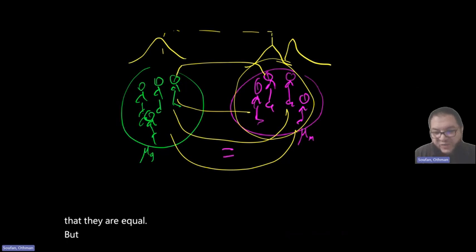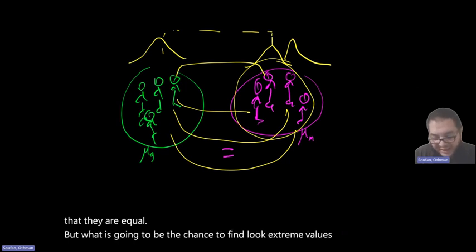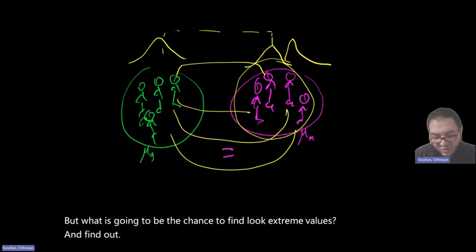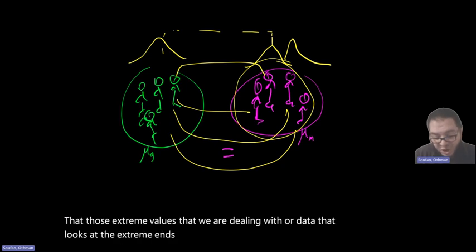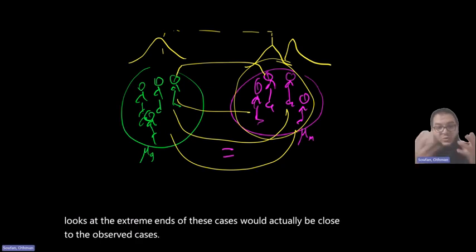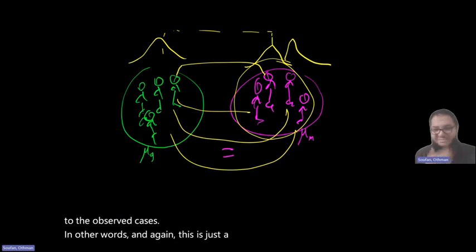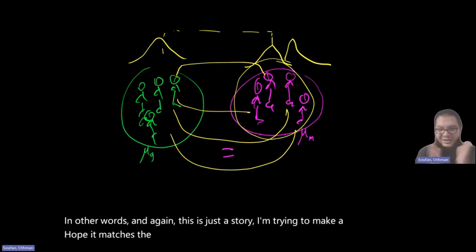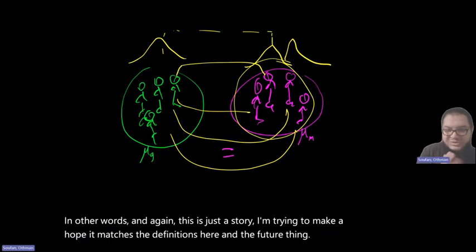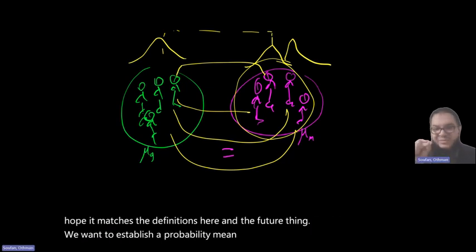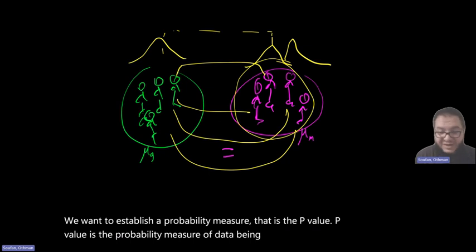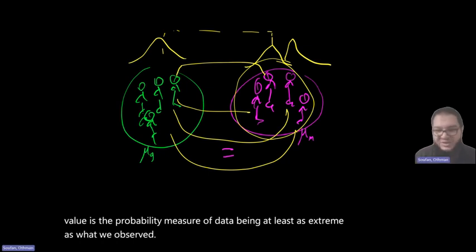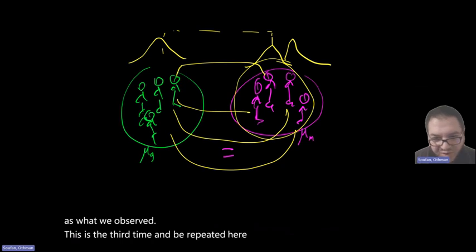But what is going to be the chance to find extreme values, data at the extreme ends of these cases, that would actually be close to the observed cases? Again, this is just a story I'm trying to make; I hope it matches the definitions. We want to establish a probability measure. That is the p-value. P-value is the probability measure of data being at least as extreme as what we observed. This is the third time I repeat it, but what is extreme? What is what we observed?